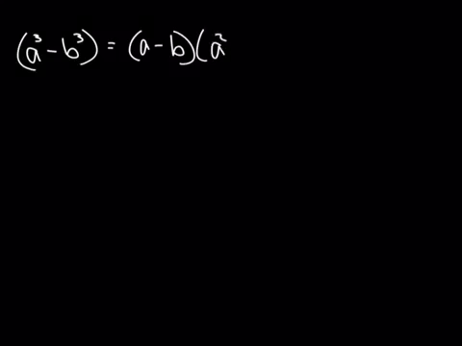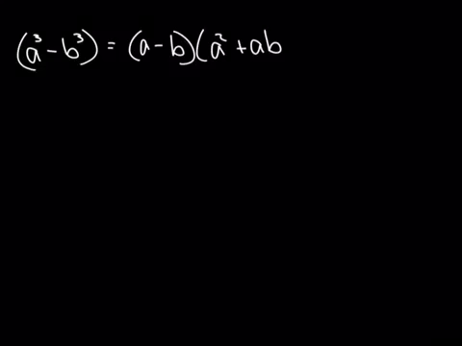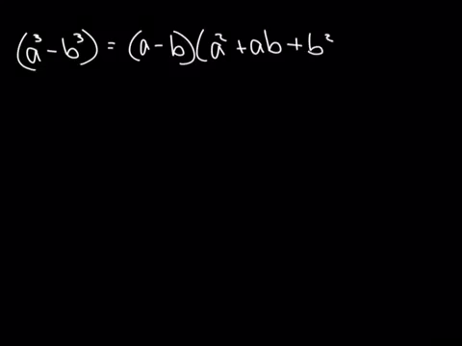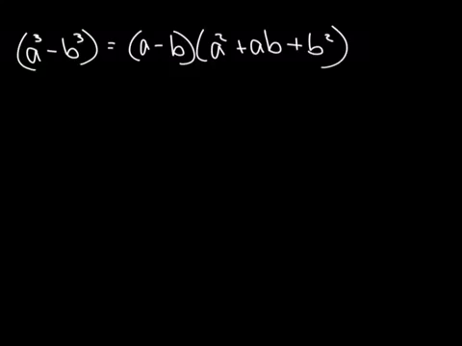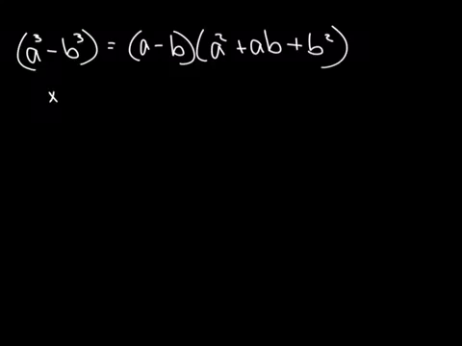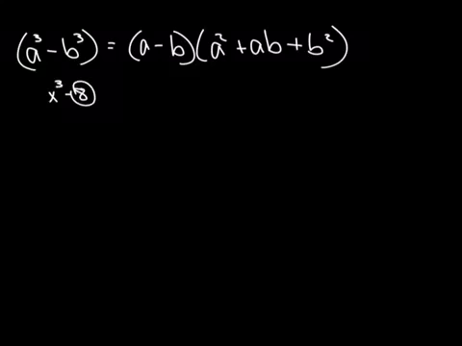And a squared plus ab, which was a minus ab when we had the other one, plus b squared. Okay, so again, we're going to do everything the same way. Let's take x cubed minus 8. So first step is to make that a cubed.